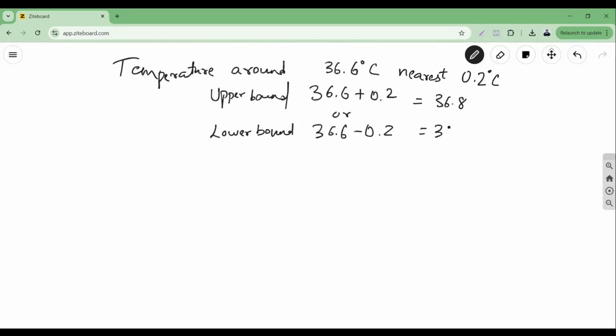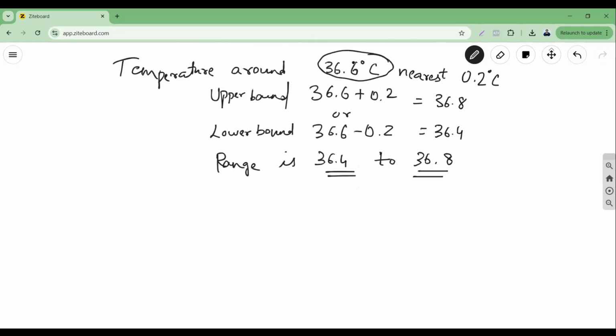And if I subtract, 36.4, right? That means the range is from 36.4 to 36.8. So for any values from 36.4 up to 36.7, whichever number you round off, you would get 36.6.